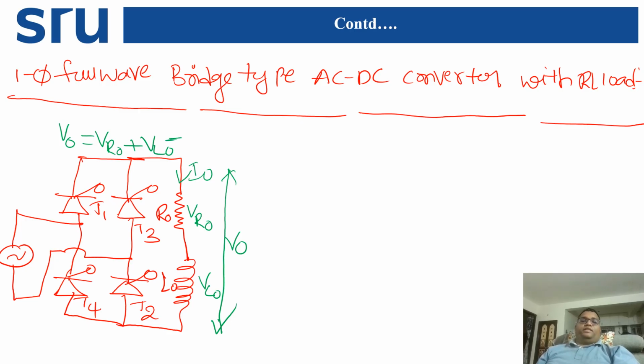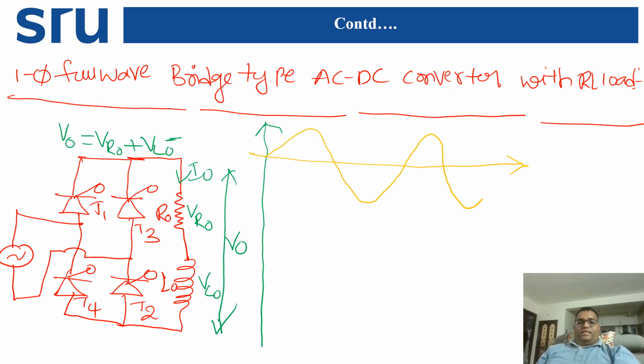Now first we will see how the waveforms will come for the RL load condition. The waveform will be a little different when compared to the previous one. Let us take this as the source voltage. Up to two cycles is more than enough: this is the first cycle and this is the second cycle.